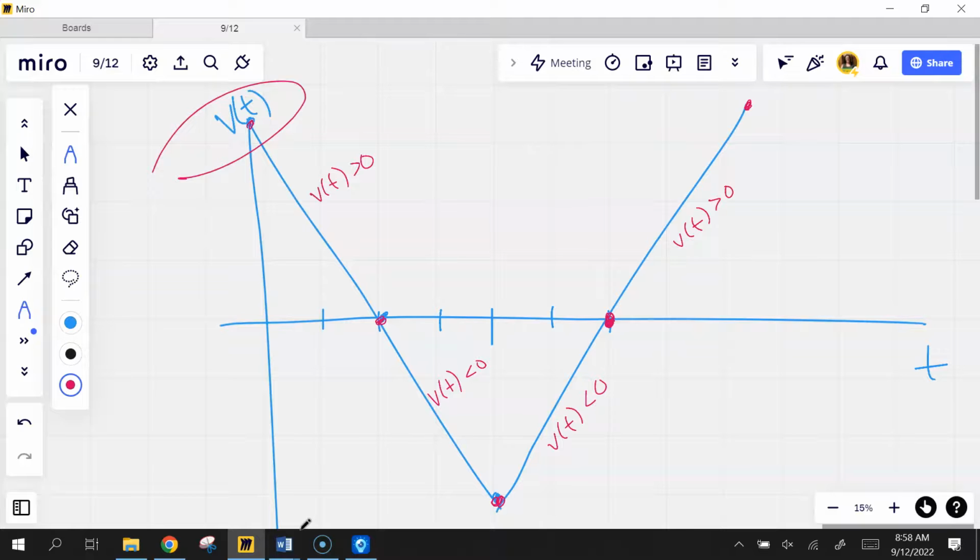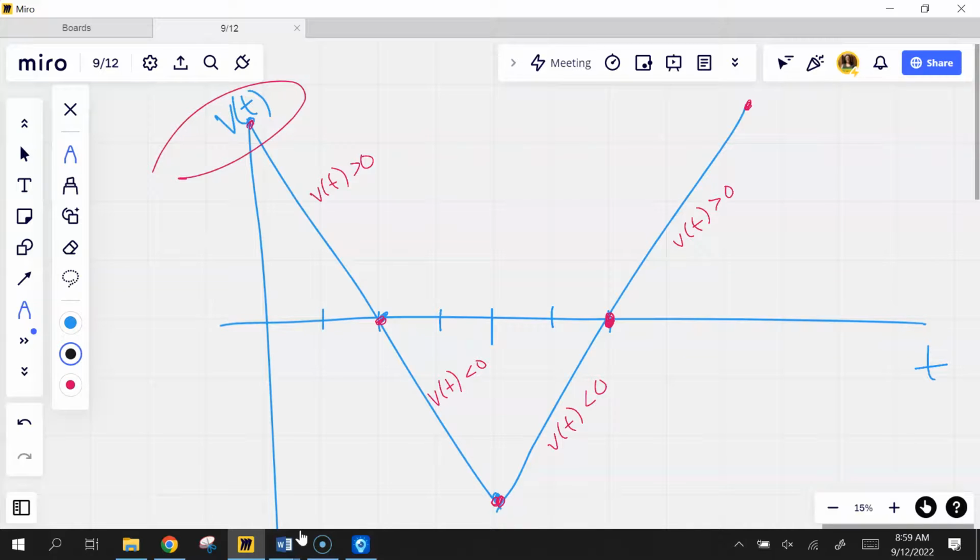Now, how do I tell if something is speeding up or slowing down? Velocity and acceleration have to have the same sign in order to be speeding up. I don't have the graph of acceleration, so what am I going to do? It's just the slope of velocity.